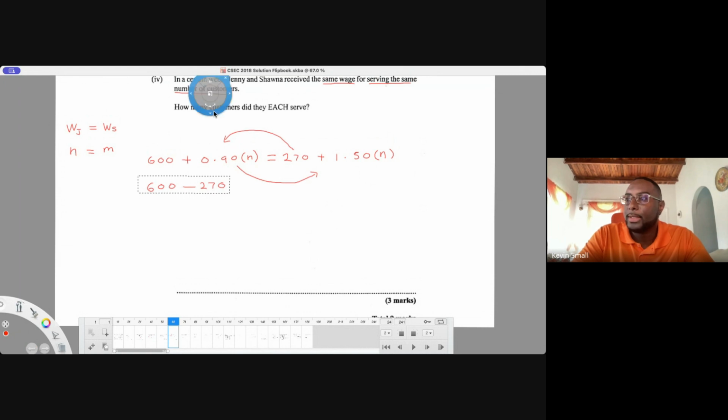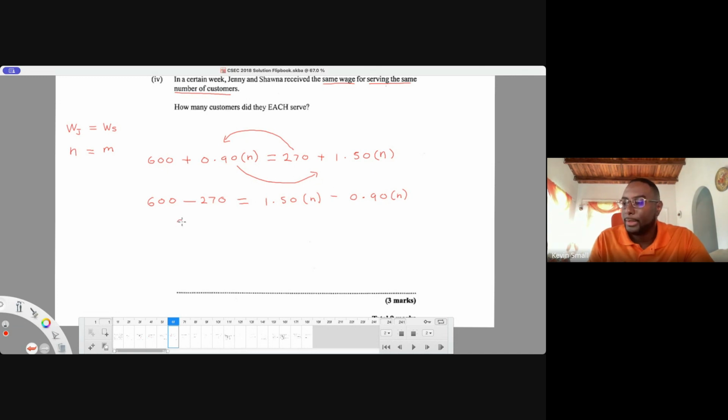In this case, you have to subtract both of them. So 600 minus 270 is going to equal 1.50 N minus 0.90 N.